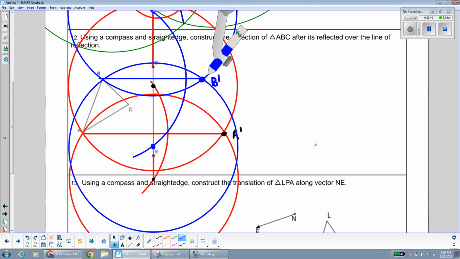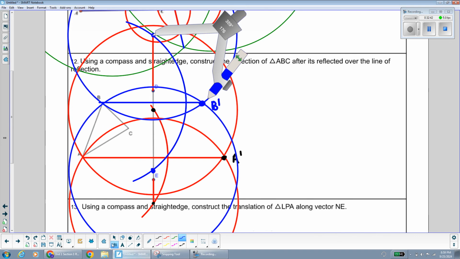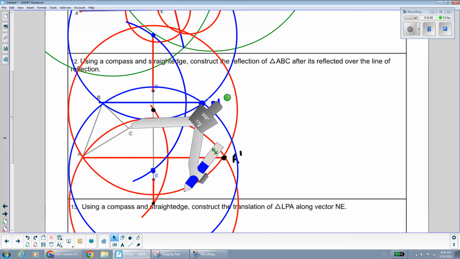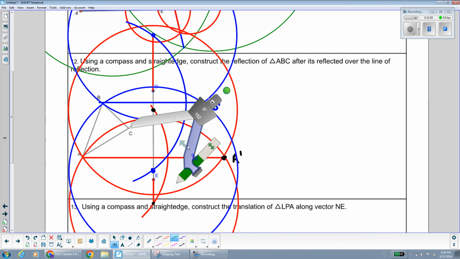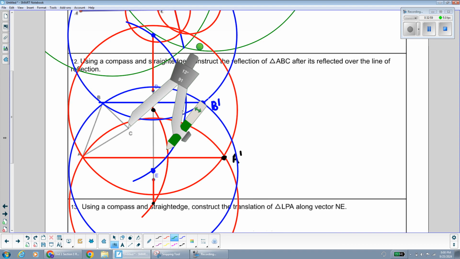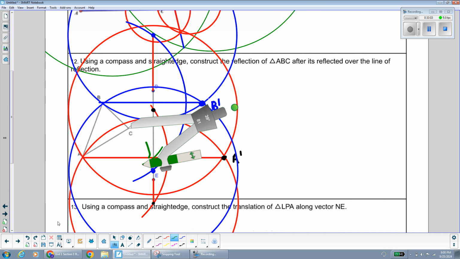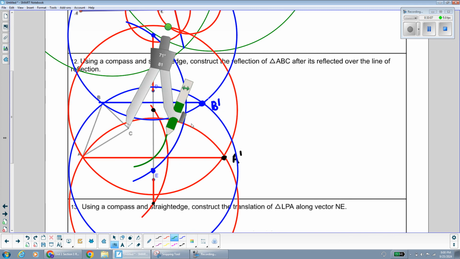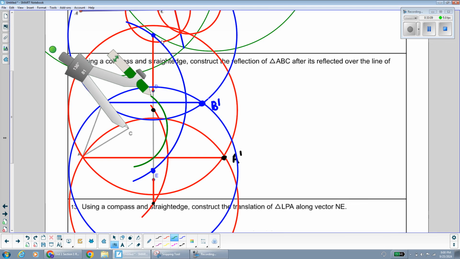As if this wasn't already messy enough, we're going to do it one more time for point C. This one should be the easiest because it's the closest. I'll be able to use a relatively small distance. Oh no, it keeps going everywhere. Sorry, I told you guys that with the computer, this is really hard.